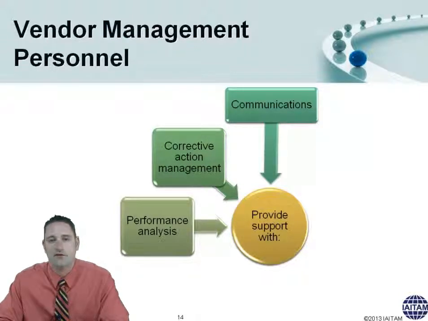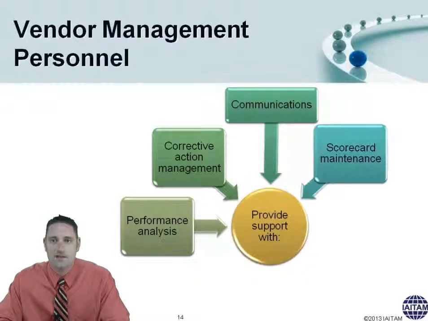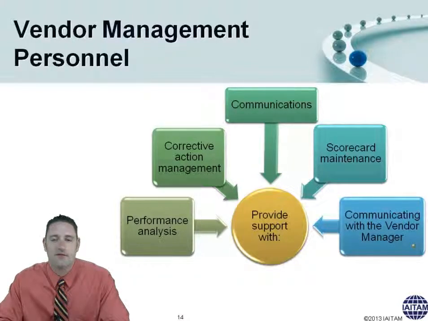They're going to be involved in the communication between the program manager or the vendor manager and that particular vendor. So they're going to act as a liaison of sorts. They're going to maintain the scorecard, so we always have an idea of how well our vendors are performing for us. And they're going to communicate with the vendor manager on how all of this is going, which will then in turn communicate back to the program manager.